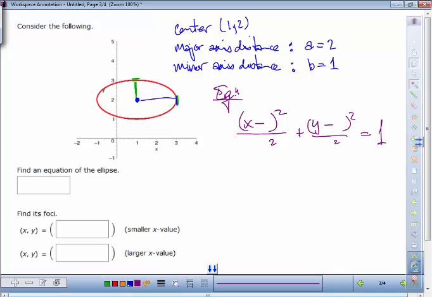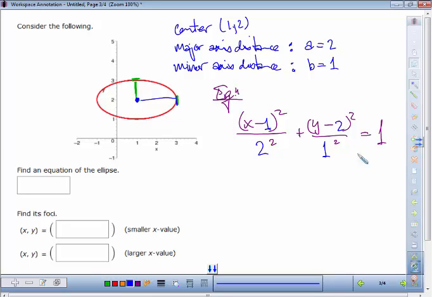So your x naught is 1, your y naught is 2, your a is 2, your b is 1. So that's your equation. Okay?